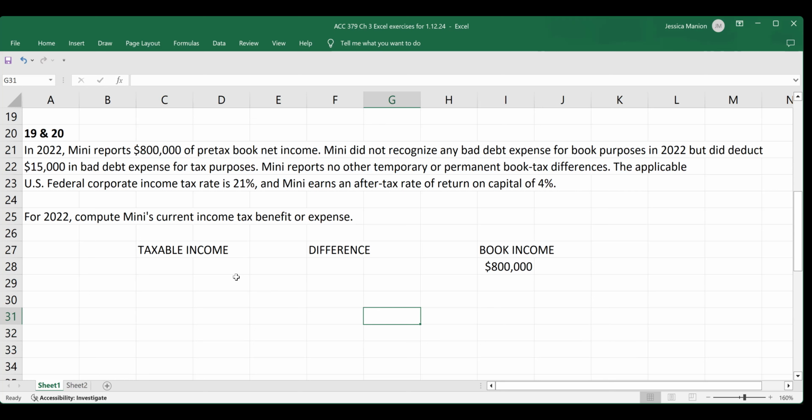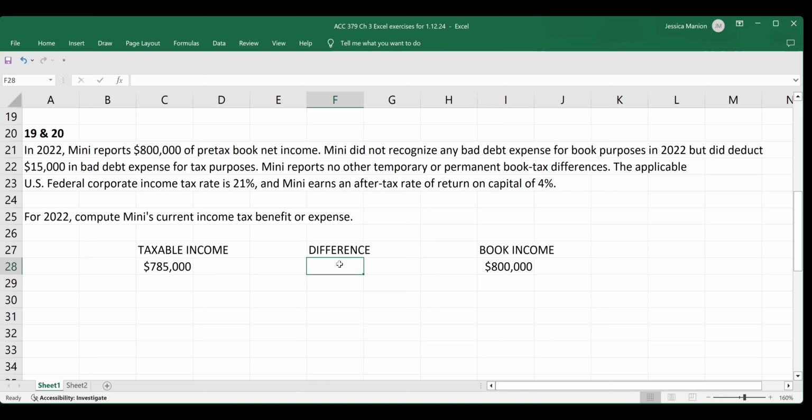So if our book income's 800,000, that means our taxable income is 15,000 less than that, right? So equals 800,000 minus 15, because now we could claim this bad debt expense for tax purposes.